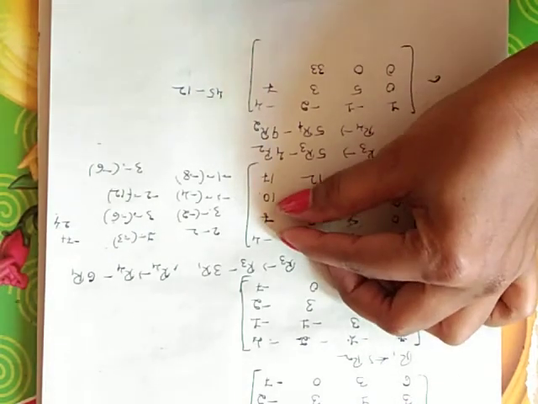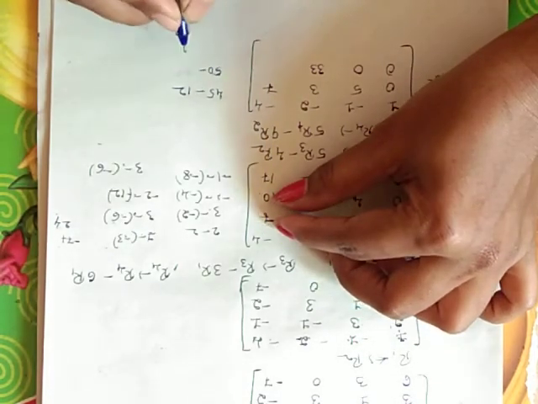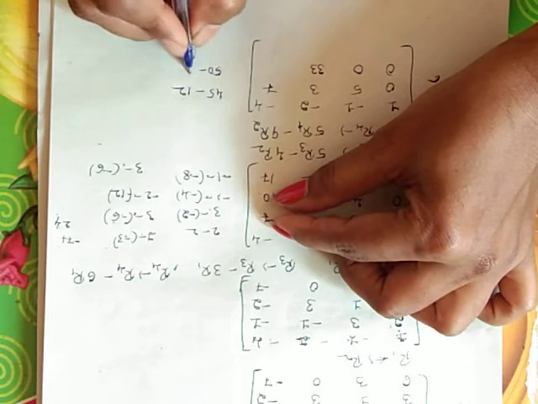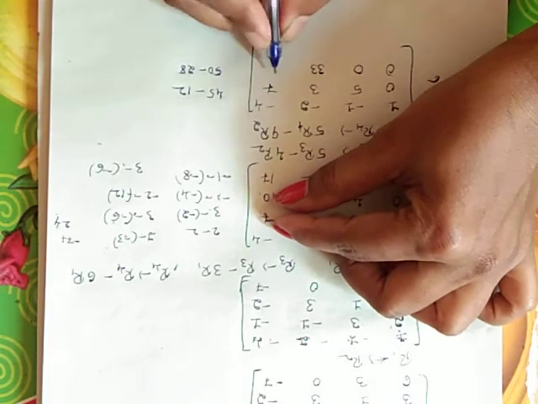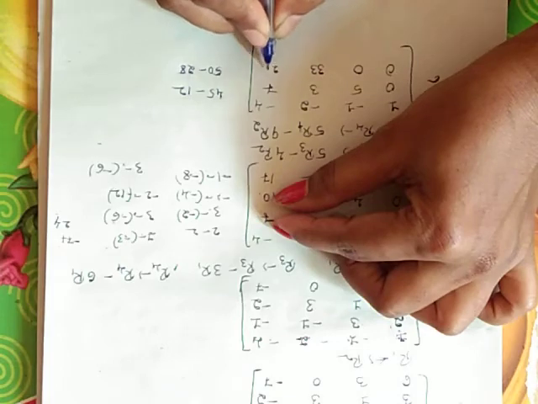Next, 5 into 10, 50, minus 4 into 7, 28. 50 minus 28, 22.